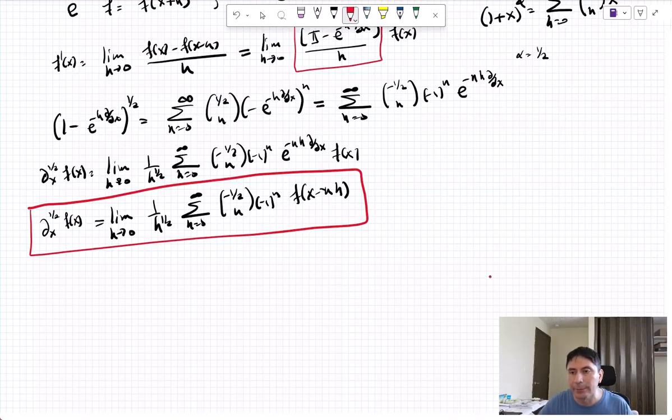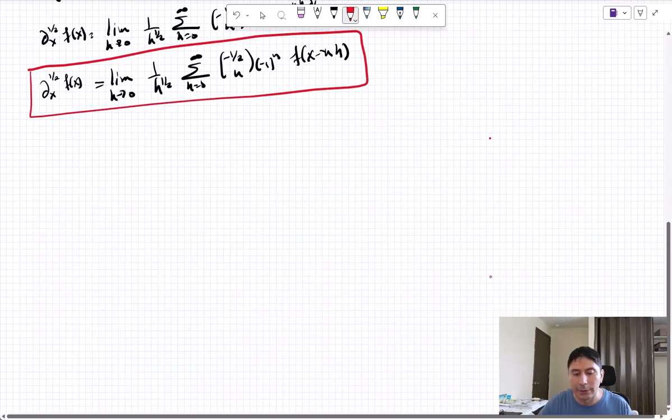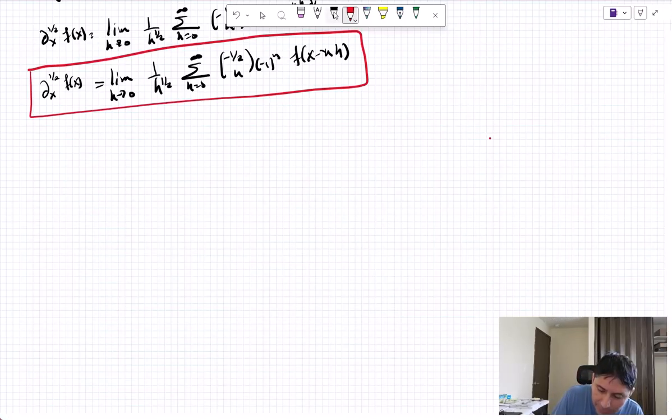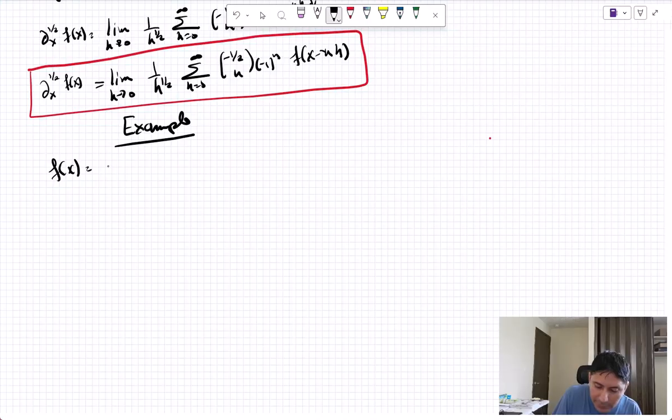Now we can do some examples. So let's do an example. The first example is the easiest example, right? Let's suppose f of x is equal to e to the x, right?